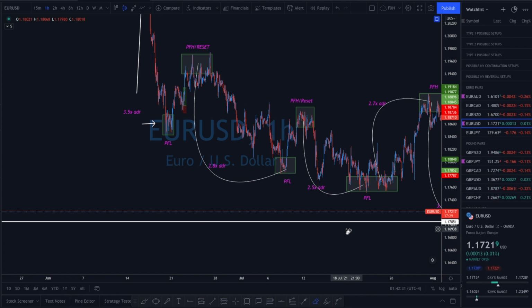Okay? What you don't want to do is make the mistake of literally trying to be a magician and predict stuff. It's not your job to predict anything. It's your job to identify the market maker patterns and the market maker behavior. That's your job. You're not here to guess.